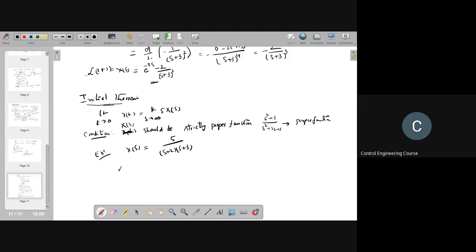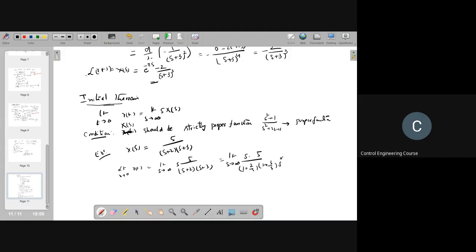Now you wanted to find the initial value. That means limit t tends to 0 of x of t is equal to limit s tends to infinity of s times 5 by (s plus 2) into (s plus 3). We can take s common here: limit s tends to infinity s into 5 by (1 plus 2 by s)(1 plus 3 by s) into s square.